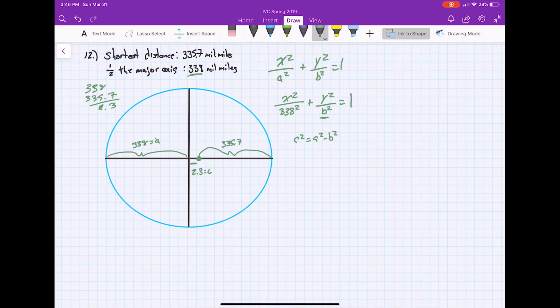So we can just plug and play. We'll put in 2.3 squared is equal to our a value, which is 338 squared, minus b squared. So you can see where I'm getting all those numbers from inside here, where I've already labeled them.